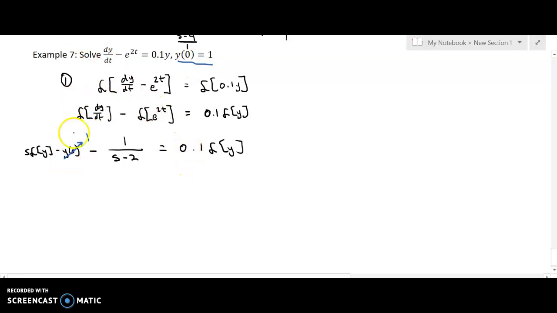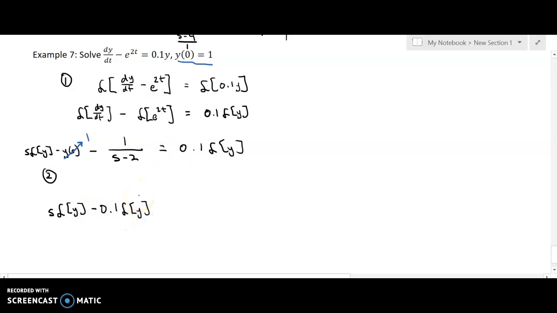And now I want to move to step 2, which is to isolate Laplace of y. So I have two terms on the left that don't have Laplace of y in them. That's the minus 1 and the minus 1 over s minus 2. So I'm going to move those to the right, and I'm going to move the Laplace of y from the right to the left. So here on the left, I still have s Laplace of y. And now I'm going to subtract 0.1 Laplace of y. And remember, we're thinking about Laplace of y as a variable.